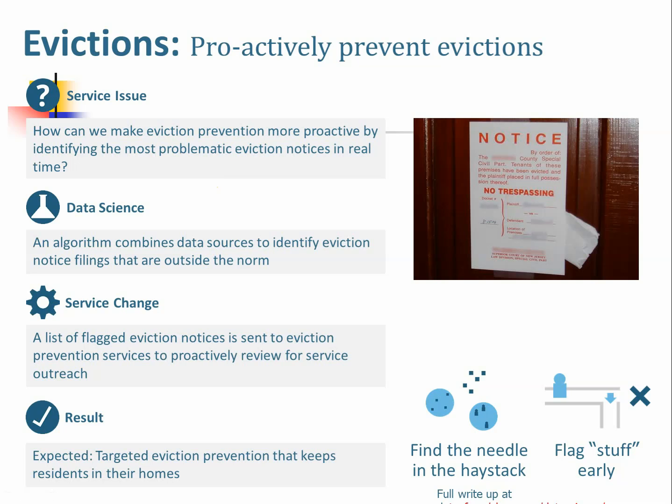So can we prevent it before it comes to that step? This is where data science will be able to help, based on all the eviction information data that we have. Can we use it to find some model or some rules so that we will be able to see whether these households are going into an eviction situation?